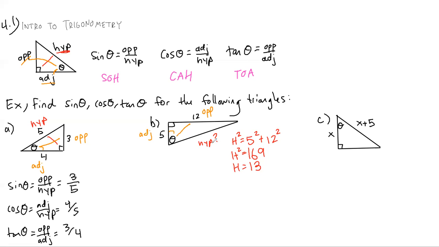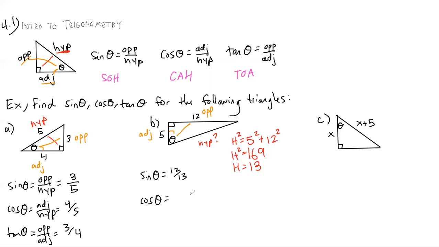For this picture, it's just a generic triangle, so we wouldn't want any negative sides in there. We just want the positive root, but don't take that for granted. It's going to be important to keep track of negatives soon enough. So we have h is 13, so we can set up all of our ratios. Sine theta, opposite over hypotenuse, would be 12 over 13.